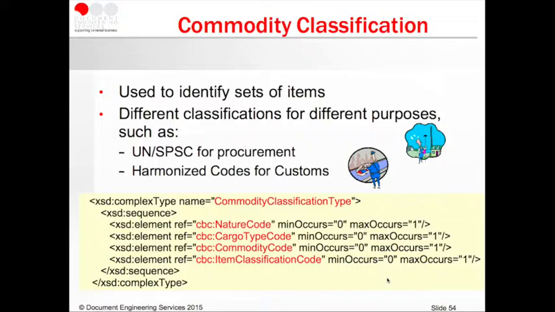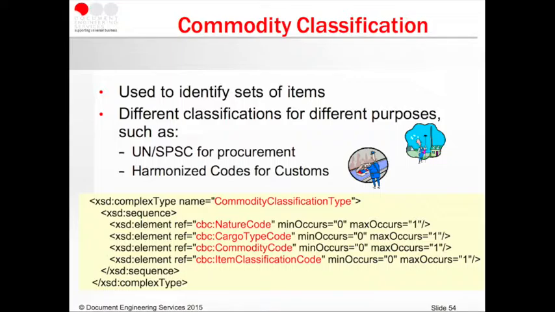I mentioned before that sometimes we're just interested in the commodity, and there are different ways of classifying or identifying the commodity. In public procurement schemes, there's often a formal commodity classification to ensure that they are comparing apples to apples. Different classification schemes exist for different purposes.